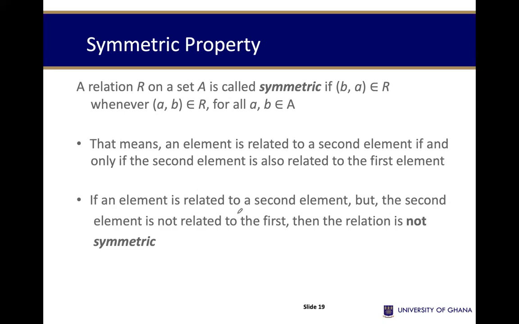Now, if an element is related to a second element, but the second element is not related to the first element, then the relation is said to be not symmetric. So once A is related to B and B is not related to A, then we can say that that particular relation is not symmetric. For it to be symmetric, when A is related to B, B has to also be related to A. Okay, so this is also straightforward.